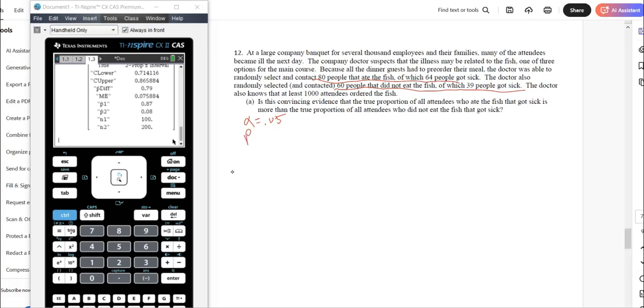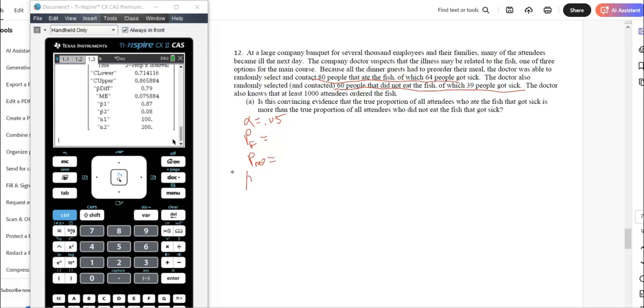P sub, let's see, define the true proportion here. The fish, and then the no fish. True proportion of fish eaters who got sick and true proportion of the no fish eaters who got sick.